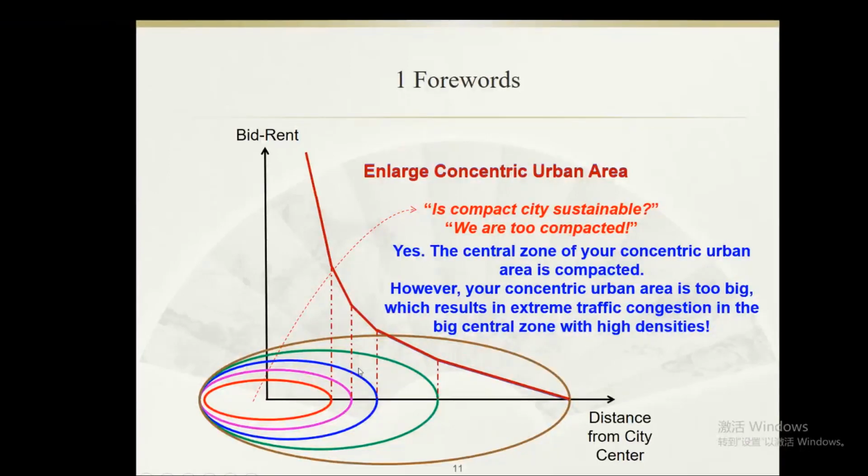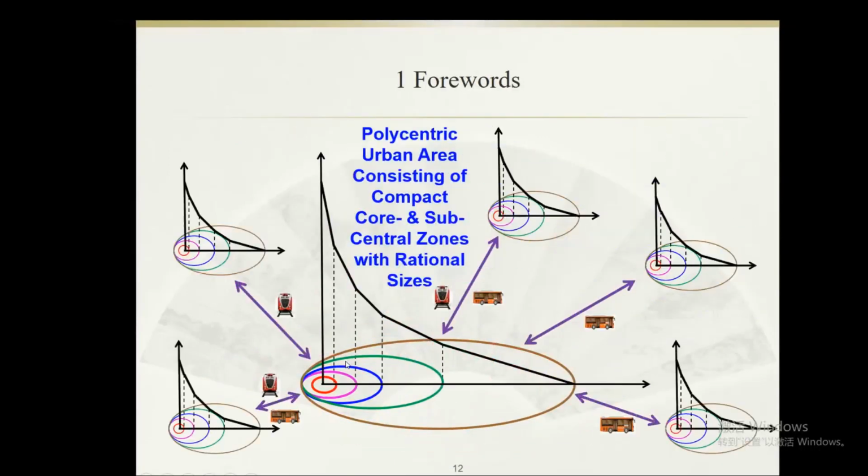If we want to solve the problem of population growth and city growth, make more centers of a city to make the urban form of our city a polycentric urban area.